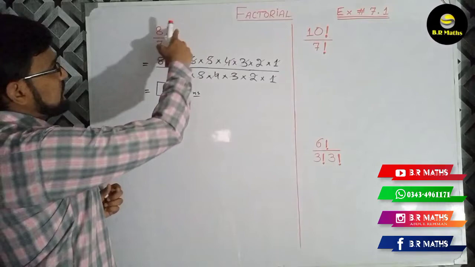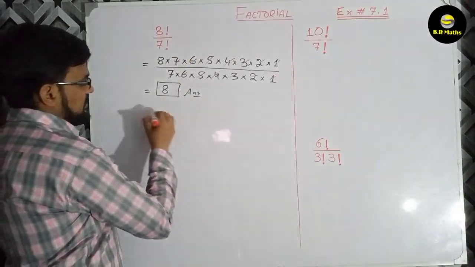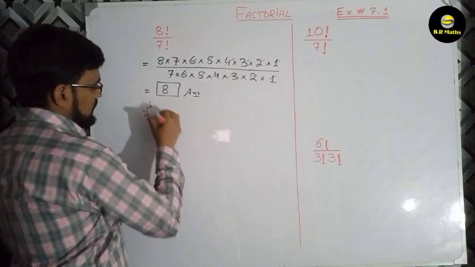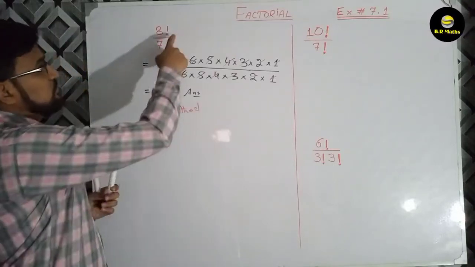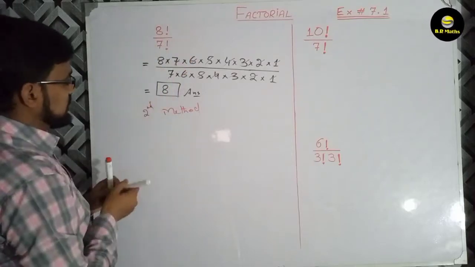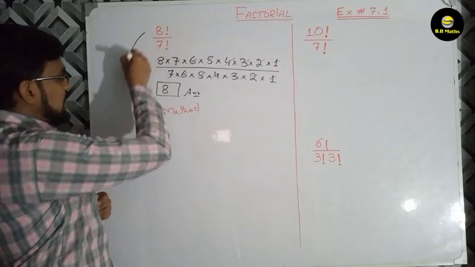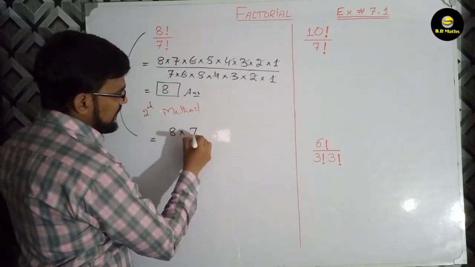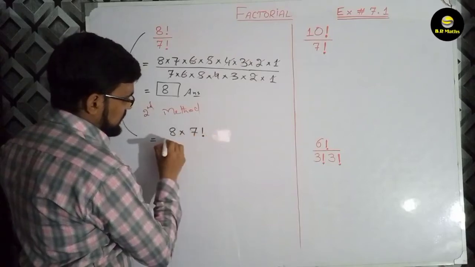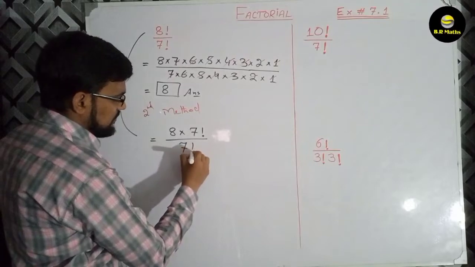So this is the first method, and the second method is that you can also solve this question this way. 8 factorial means 8 multiplied by 7 factorial, divided by 7 factorial.